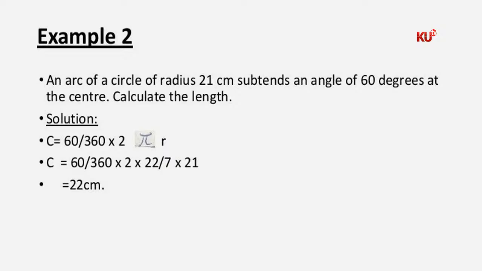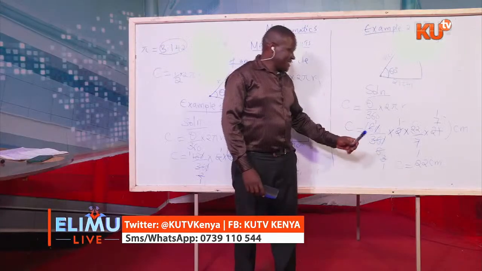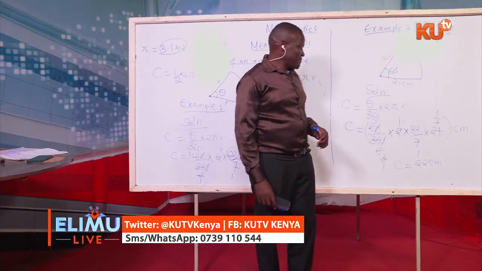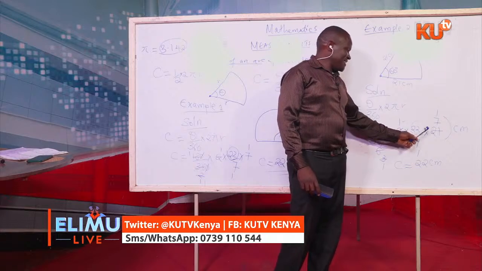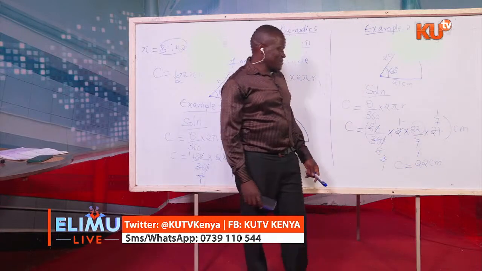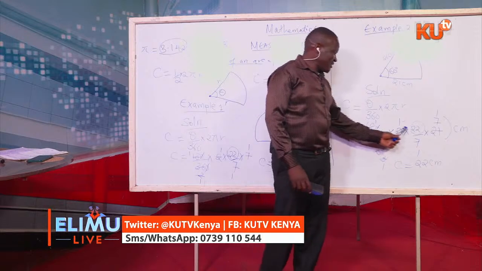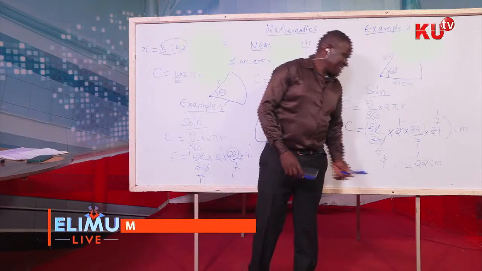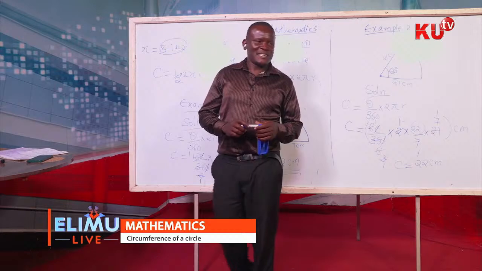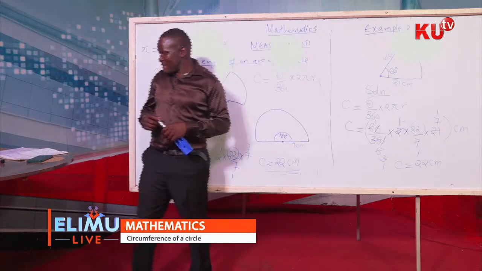We said the formula for finding the circumference of this arc will be equals to theta over 360 times 2 pi r, where theta is 60 over 360 times 2, then times 22/7, and times 21, which is our radius. When we work out all this, we get 22 centimeters as the circumference.